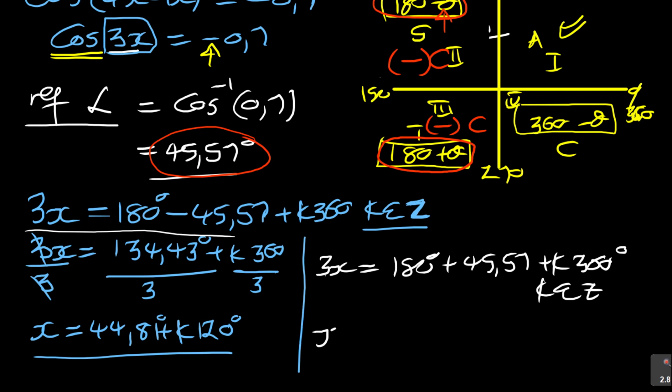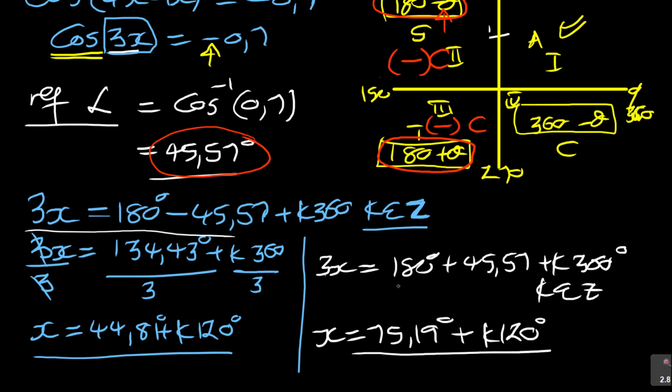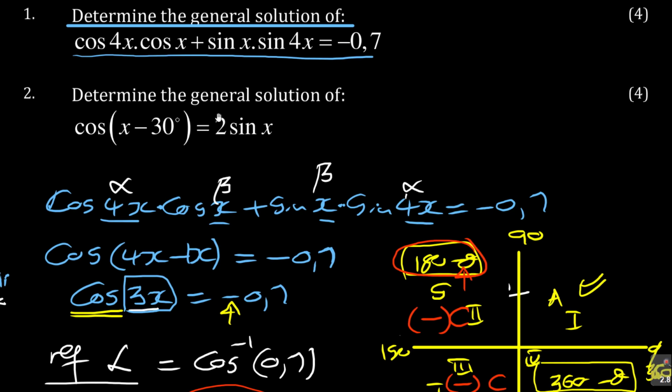So x is equal to 75,19 degrees plus k 120 degrees. Remember, you divide each and every one by 3, so that everything is divided by 3. That is the general solution. Making sense? I hope it does make sense.